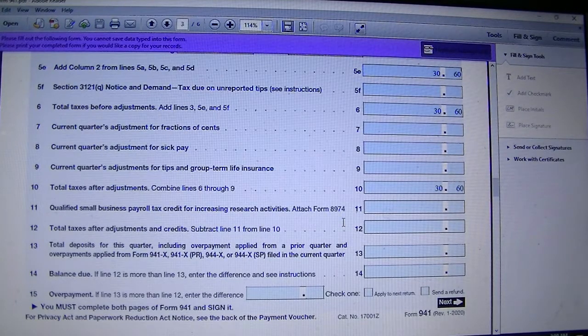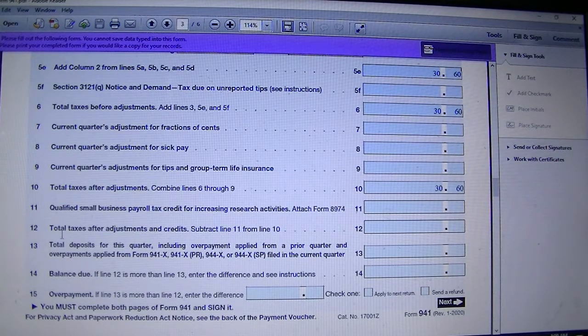You'll fill that form out first, and the result from line 12 from that form will go on line 11 of Form 941, and you'll put the credit here.